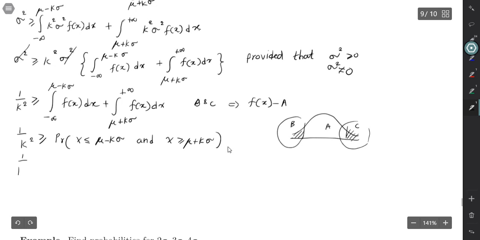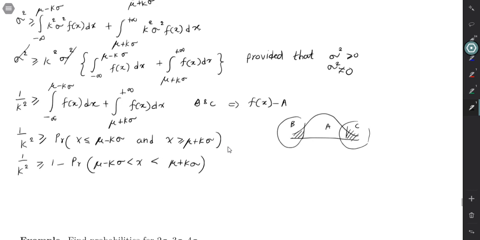So we can write this as 1 minus the probability that x is within mu minus k sigma and mu plus k sigma. If these are the tails, the middle should be 1 minus that.